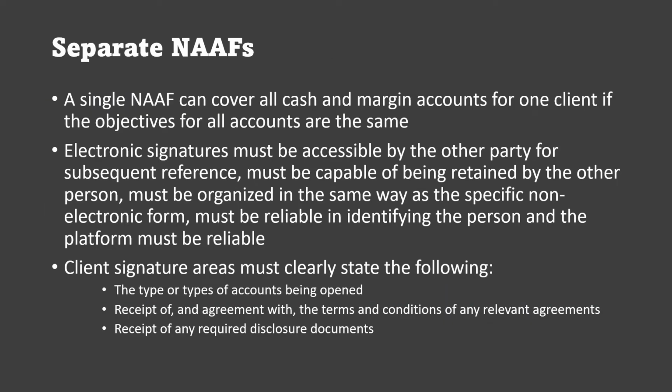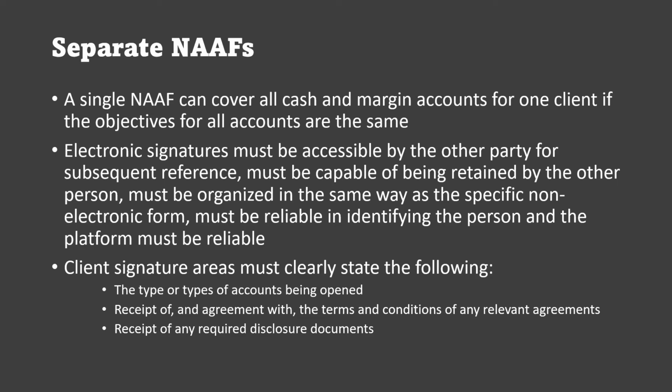Next, we're going to look at separate NAFs. So basically, a single NAF can cover all cash and margin accounts for one client if the objectives for all accounts are the same. But you will need separate NAFs if you are opening different types of accounts. So for example, a non-registered account and a registered account, you will need separate NAFs.